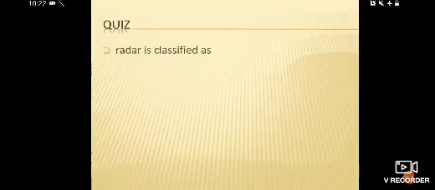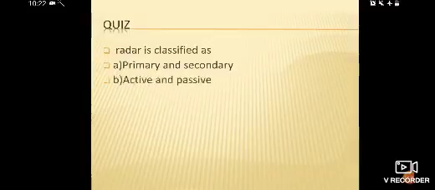Next question. Radar is classified as primary and secondary, or active and passive. How is it going to be classified?